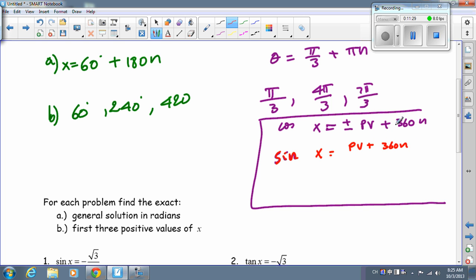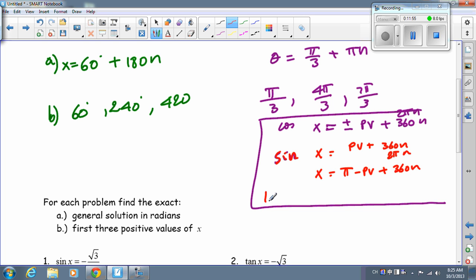Or of course keep in mind, instead of 360 you can also say 2 pi n here. Every 360 can be 2 pi n. So the second portion of the sine, you will say x is also equal to pi minus the principal value plus of course 360n.